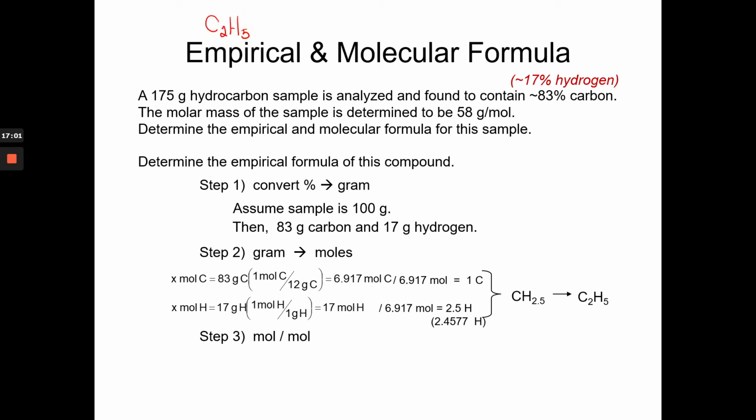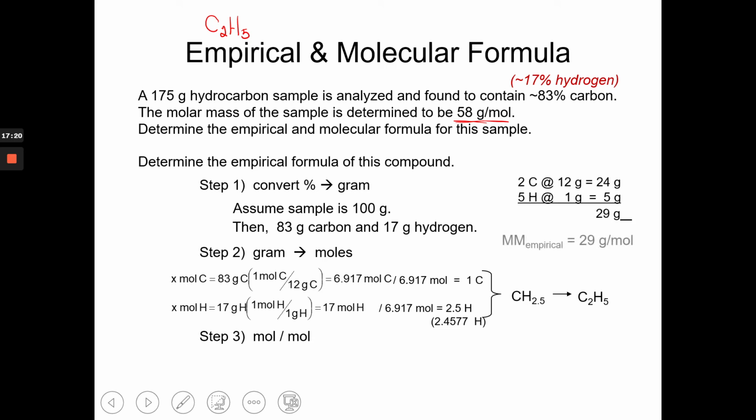Now, somehow that formula relates to the molecular formula, and we know the molecular formula weighs 58 grams per mole. So let's take a second to figure out what 2 carbons and 5 hydrogens would weigh, our empirical formula. So 2 carbons each weigh 12 grams is 24, and 5 hydrogens at 1 gram is 5, that's 29 grams.